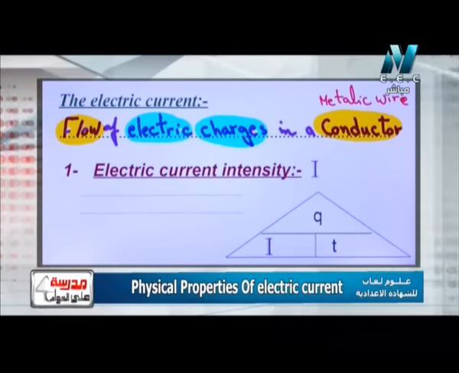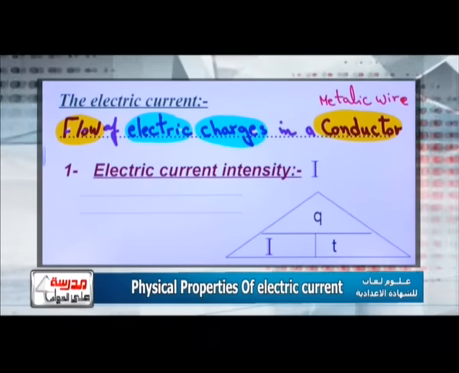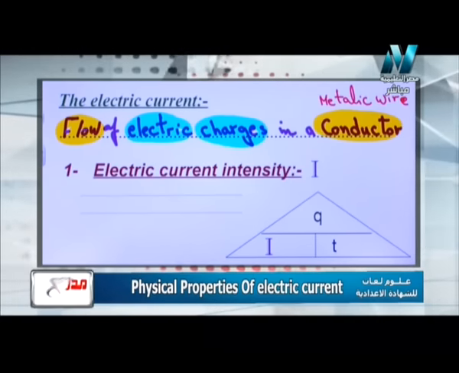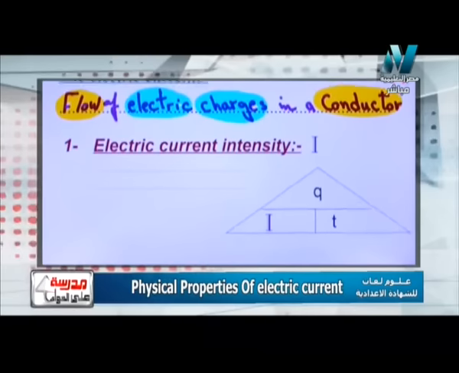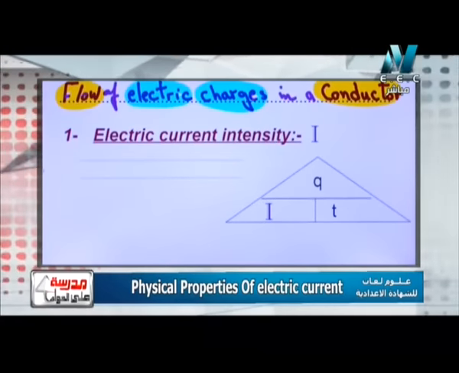But we have to know what is meant by electric current intensity. The word intensity means شدة.